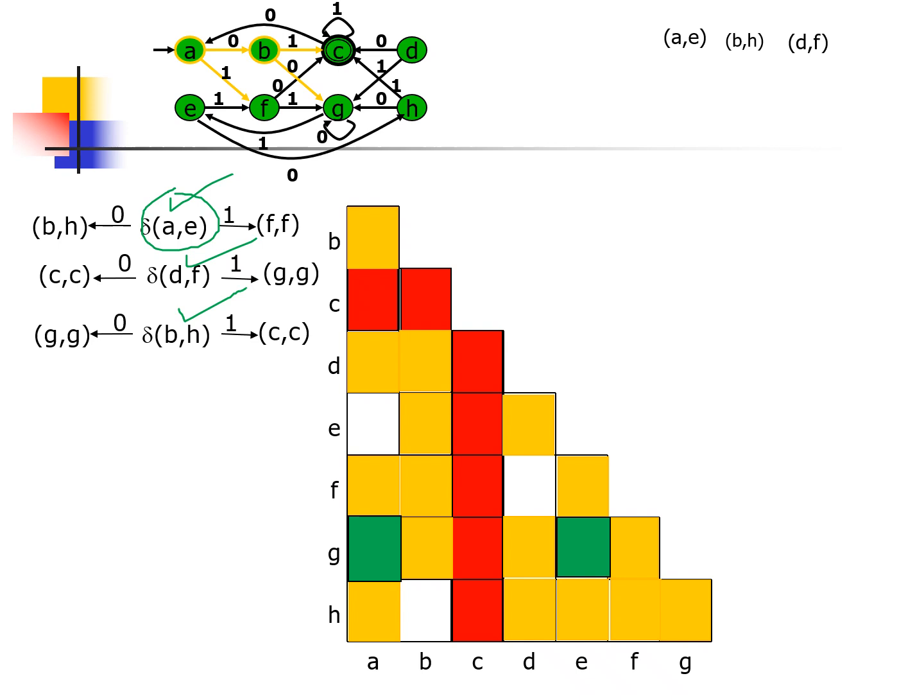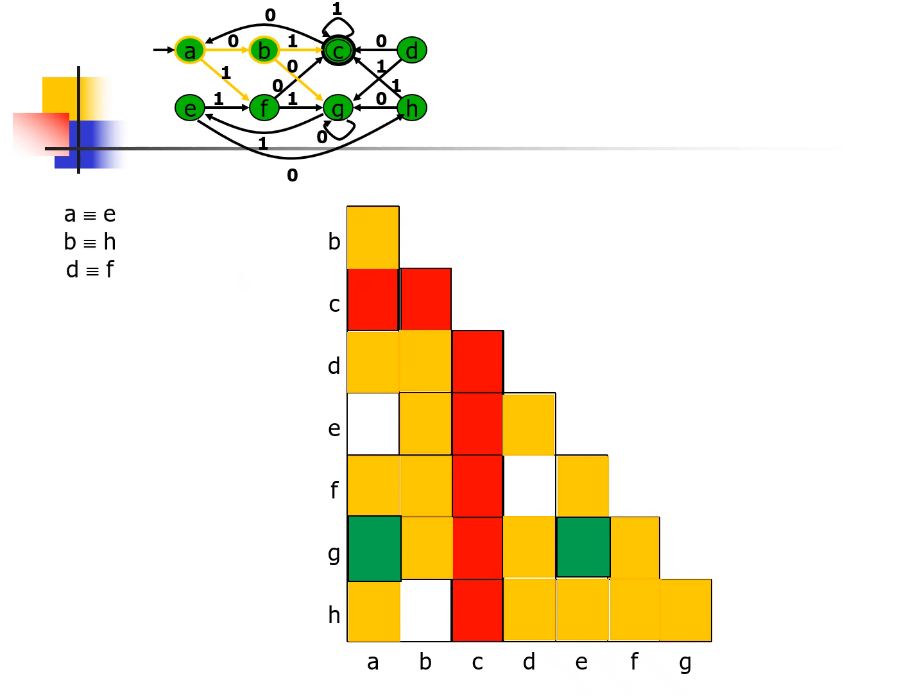You can merge these: AE, DF and BH. A is nothing but E, B is nothing but H, D is nothing but F. So you can merge all these states. It is a single state. Instead of writing different states, you can merge these two states.